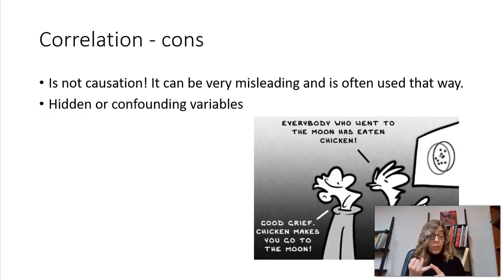Those people both object to living together before marriage and to getting divorced. Does that make sense? It doesn't mean that their marriages are better. It just means that they tend to not live together, and they tend to not get divorced. So that was a hidden or a confounding variable.